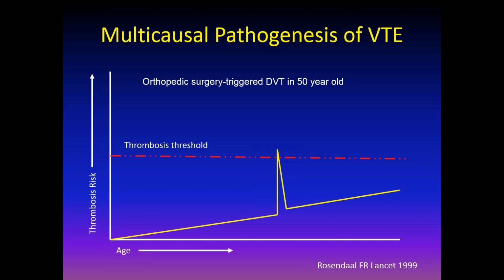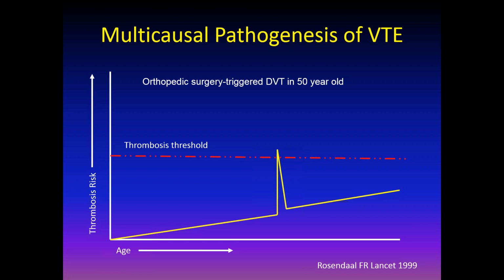Here we have a hypothetical case of an orthopedic surgery in a patient who is 50 years of age. You see his baseline risk is very low, but increasing with age. Then, as you can see with my arrow, he has his surgical procedure, and this major orthopedic surgery, with the immobilization, the tissue trauma, and activation of the clotting system, is what puts him over the thrombosis threshold, and he develops a deep vein thrombosis.